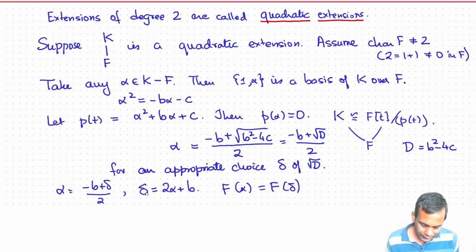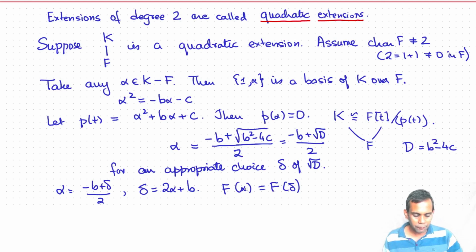So that means that delta is in that field, so F(delta) is contained in F(alpha). Conversely, if a field contains delta and it contains F, then it must contain minus b plus delta by 2, which is alpha. So F(alpha) is contained in F(delta). So we have that F(alpha) is equal to F(delta).